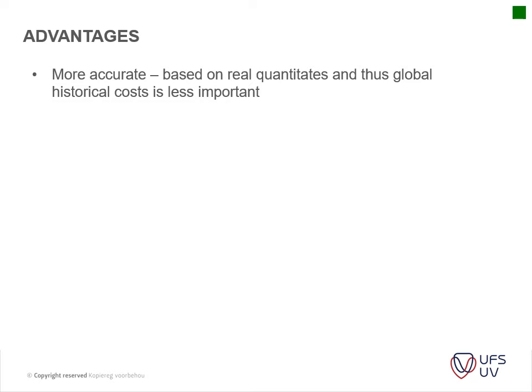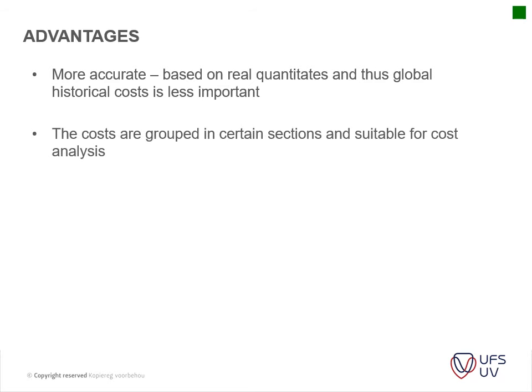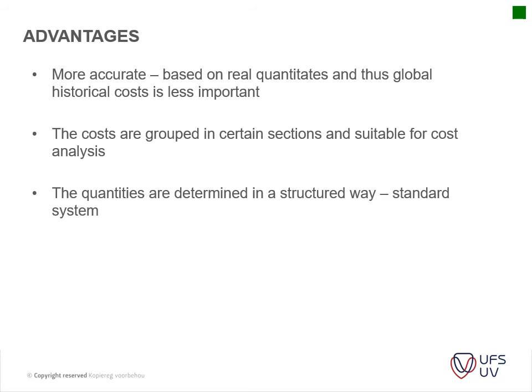Okay, so the advantages is that it's more accurate, based on real quantities, and thus global historical cost is less important. The costs are grouped in certain sections and suitable for cost analysis. And the quantities are determined in a structured way, standard system. Okay, so it still follows the rules of the standard system of measurement, but it doesn't follow a strict rule of dividing your measurement into different sections.